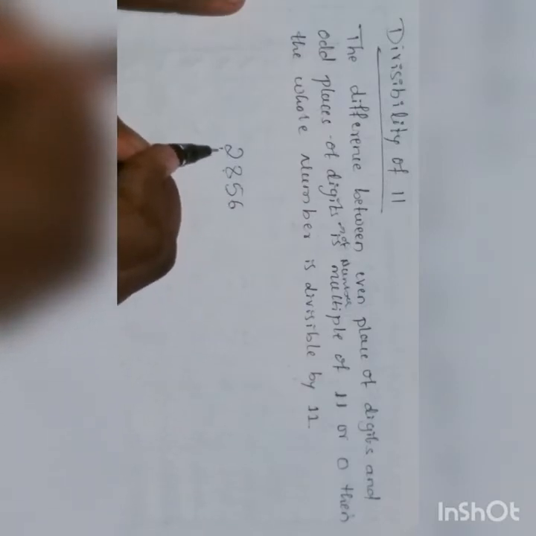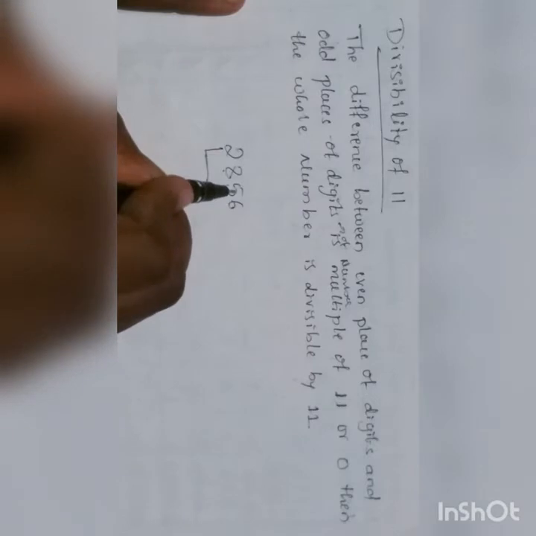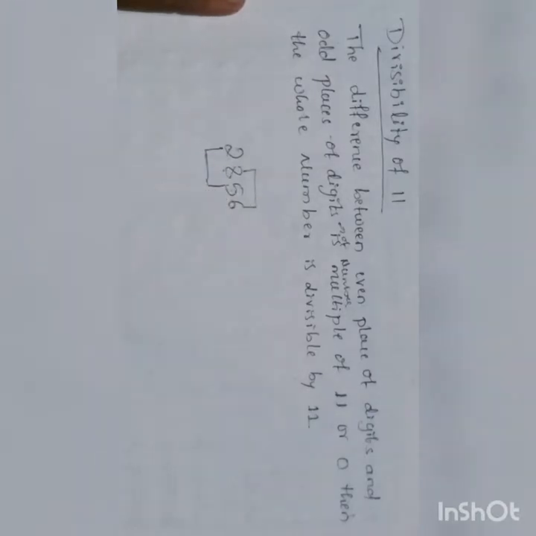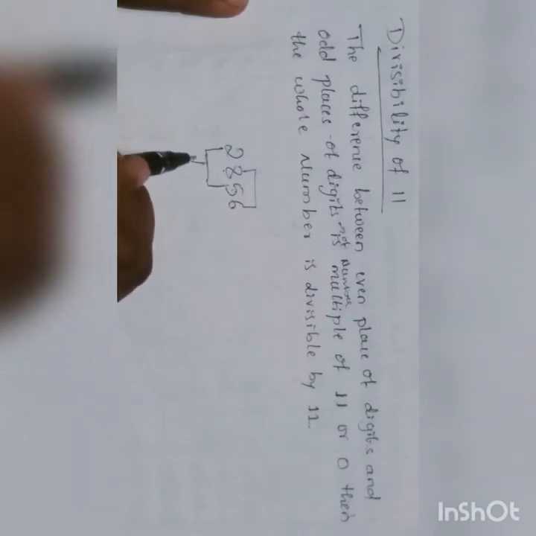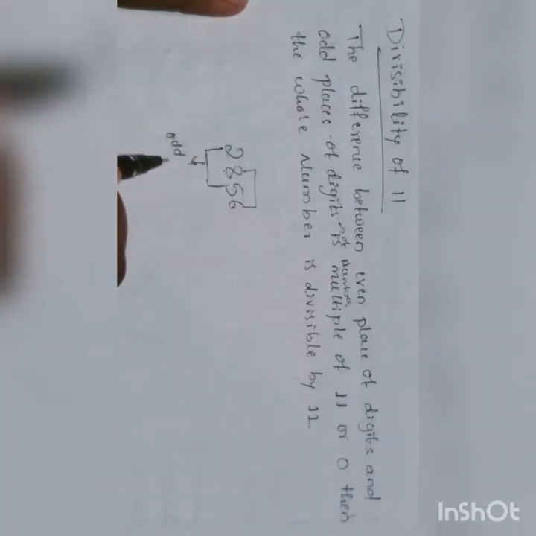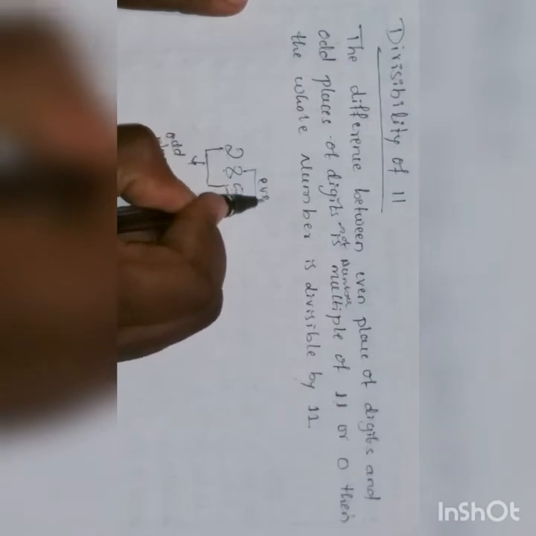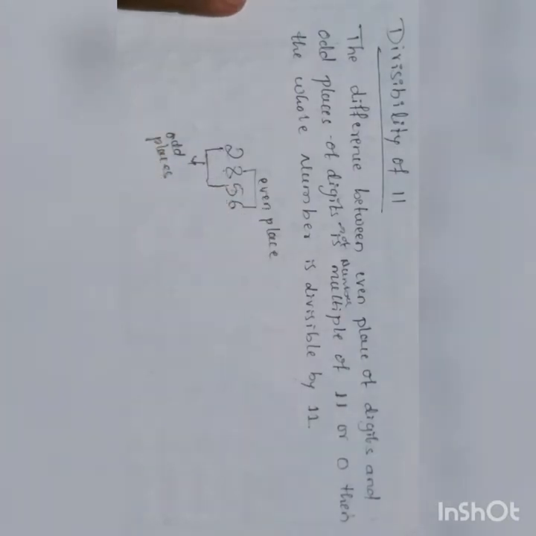Here 2 and 5 are in odd places, because they are in the first and third places. 8 and 6 are in even places, because they are in the second and fourth places.